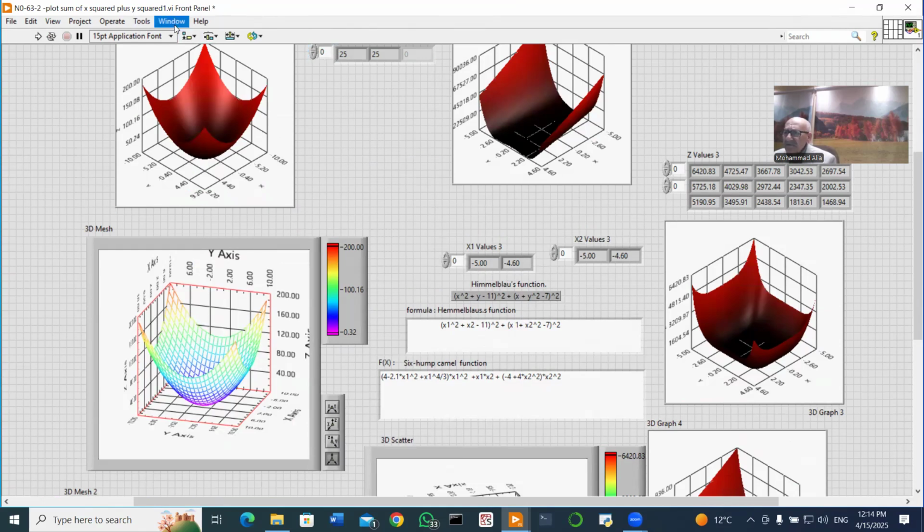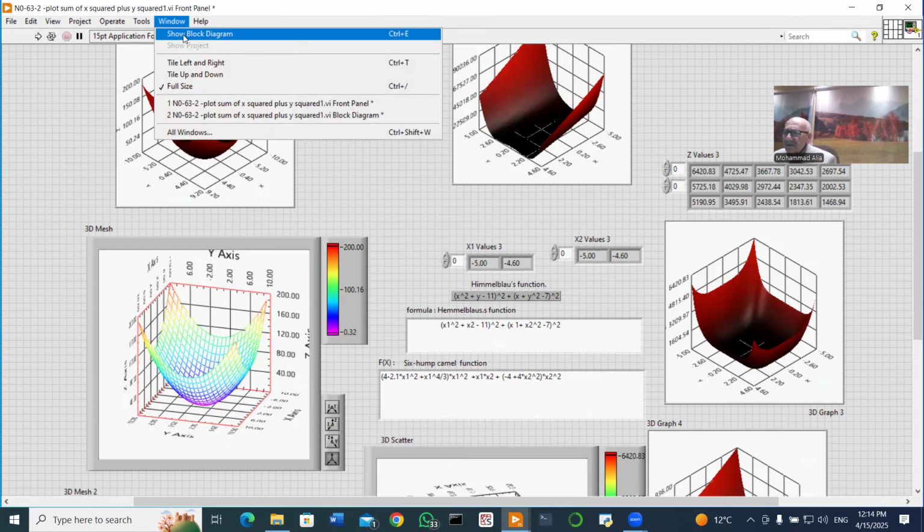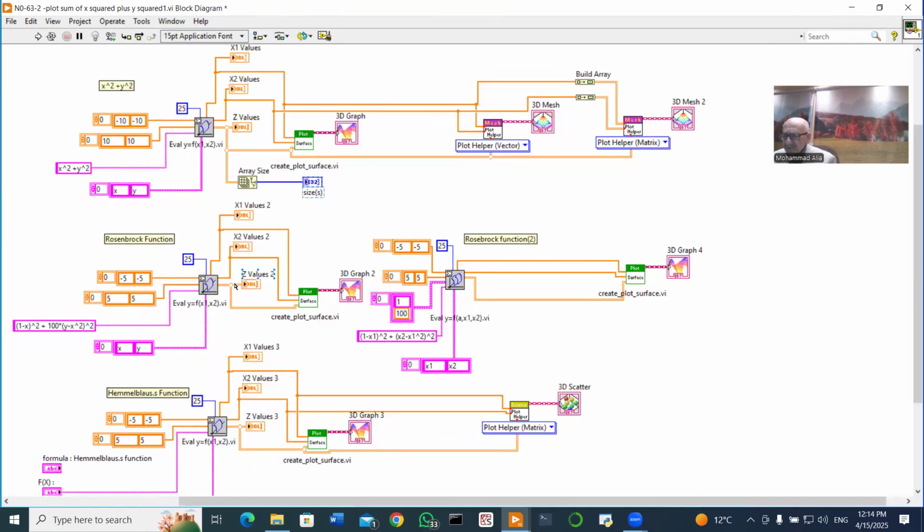Why? Because I selected the array of 25 here. Of course, this is the default value, but you can change it. If you want a finer presentation and a denser representation of points, you can use more than 25. You can have 50, 60, 100, whatever you want.